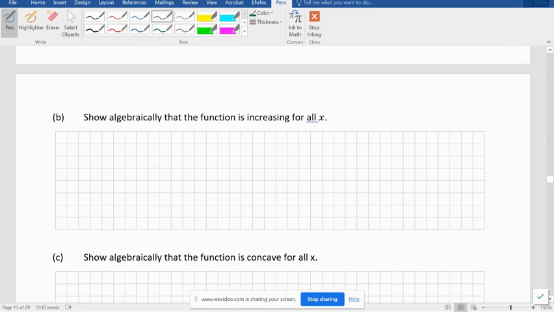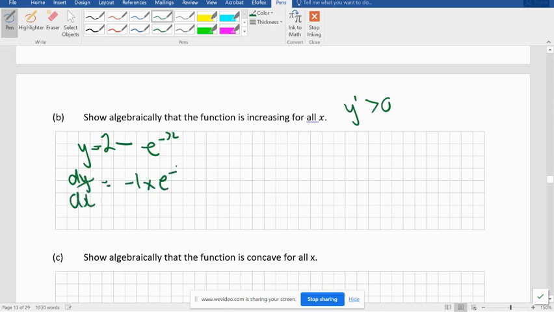So if you haven't seen this question before, I guess you need to just realize that with this question, y dash, the derivative, is positive, okay? So that's all you need to show. So if you look at the original function, you've got 2 minus e to the minus x. If we just find dy by dx, the first one's a constant, you've got negative 1 times minus x times by negative 1 again.